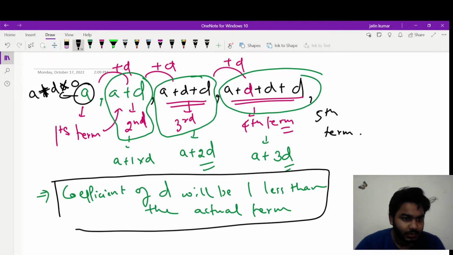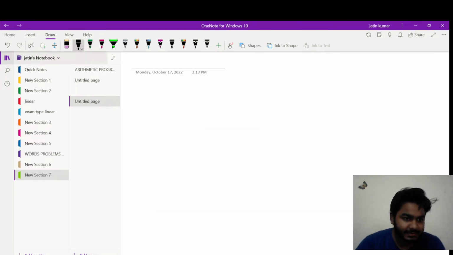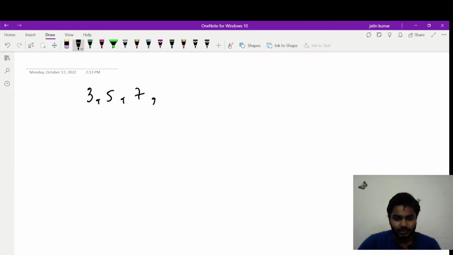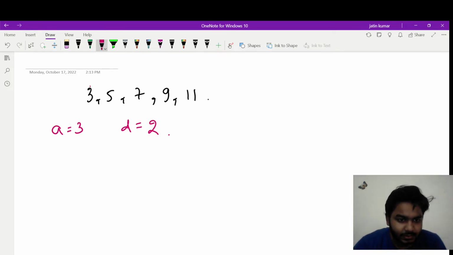So let's understand it by an example. Let me write 3, 5, 7, 9, 11. So here a is 3, d is 5 minus 3, that is 2. And if you see here, 3, you add 1 d, you will reach the second term.